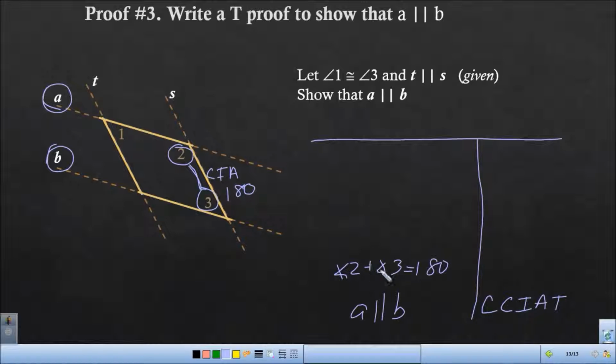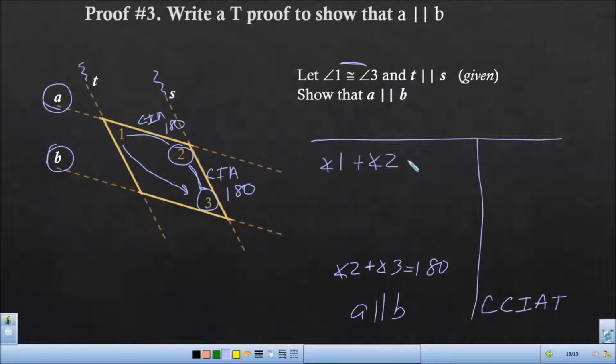So how can I set this up? Well, first of all, I need something equal to 180. And I don't have it here. All I have here is congruence. I can connect 1 to 3. But T is parallel to S, and that means these angles, which are also consecutive interior angles, are equal to 180. So angle 1 plus angle 2 is equal to 180.